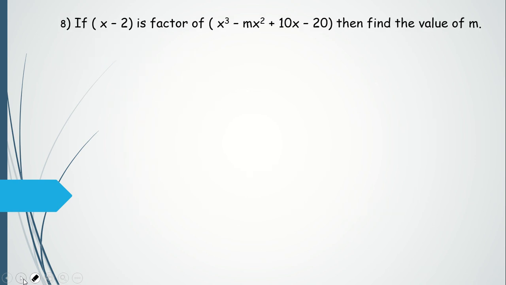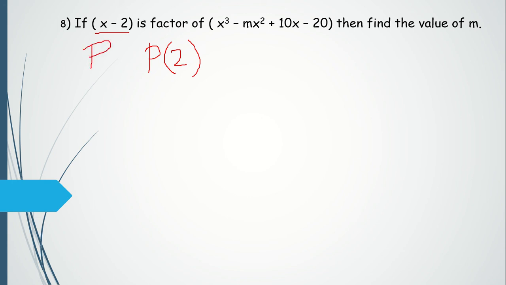minus 3. If x minus 2 is a factor of x cube minus mx square plus 10x minus 20, then find the value of m. Now it is given that it is a factor, which means we must understand that the remainder is 0. In this case the divisor is x minus 2, so the remainder will be p of 2.